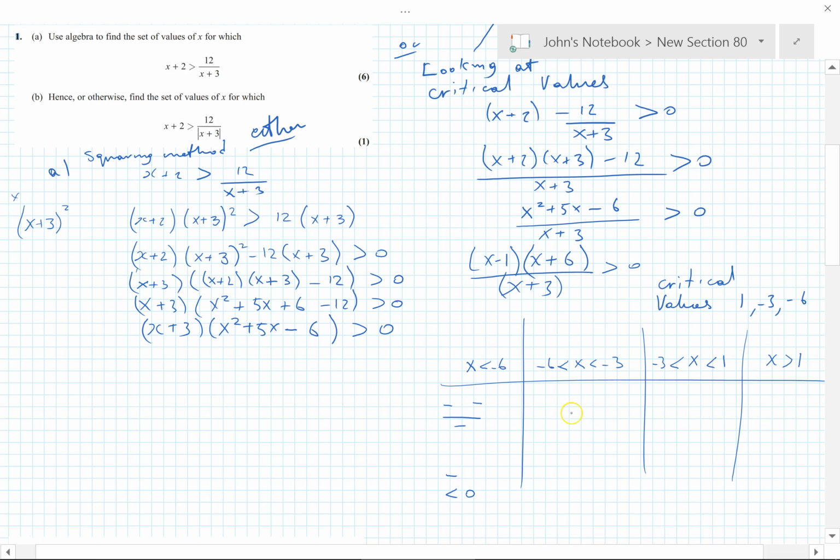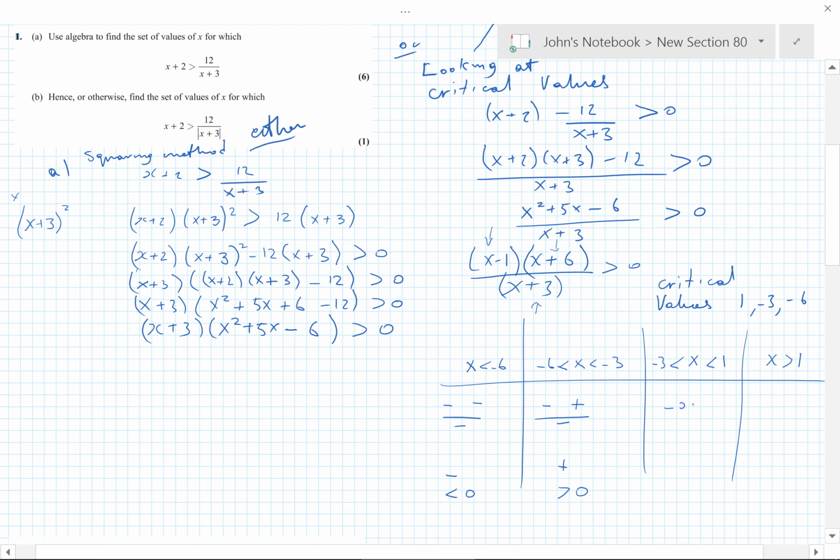If x is between minus 6 and minus 3, then this one is certainly negative here. x plus 6 now becomes positive, positive over negative, which is negative... sorry, the numerator is negative times positive, over negative, which is positive, greater than 0. If we have x greater than minus 3 but less than 1, then this one's still negative, but this is positive and this is positive.